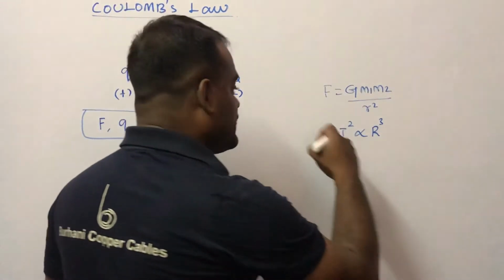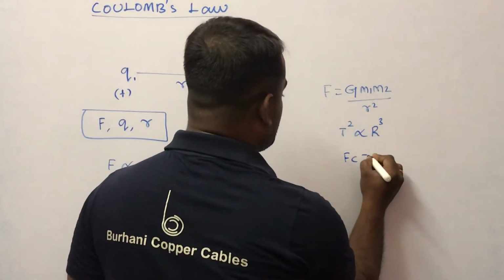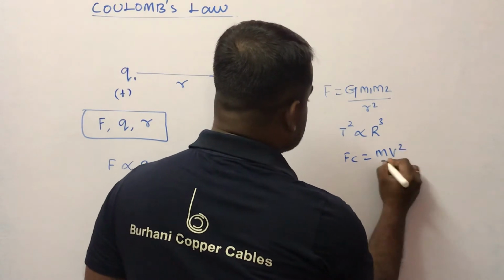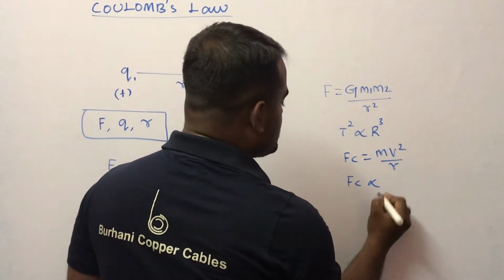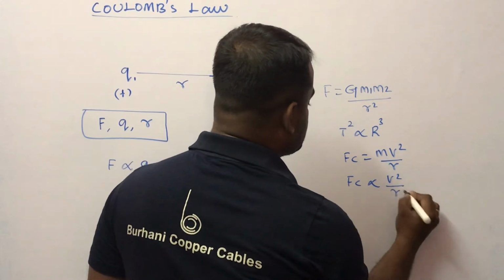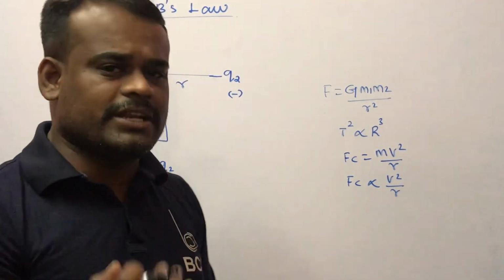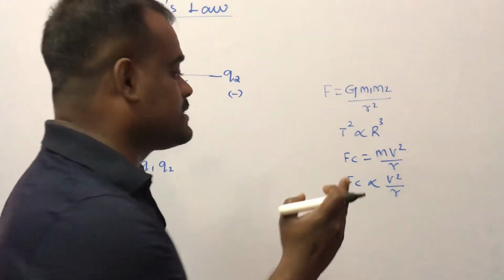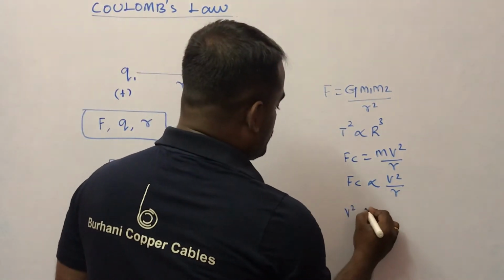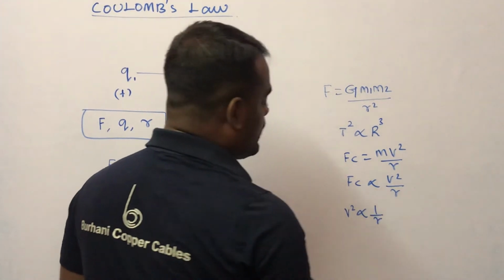And centripetal force, what is that? We know it is m v squared by r. Here mass is a constant, so the force is directly proportional to v squared by r. With some derivation, we finally calculate the velocity squared value. So v squared is directly proportional to 1 by r.